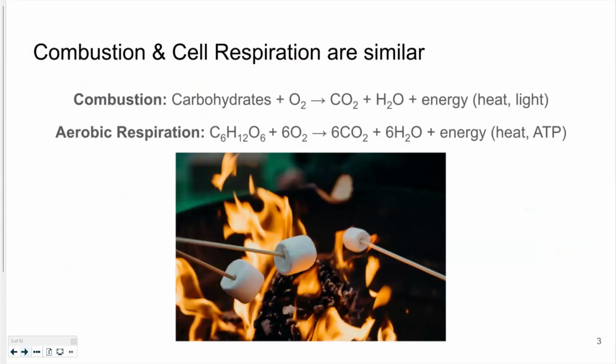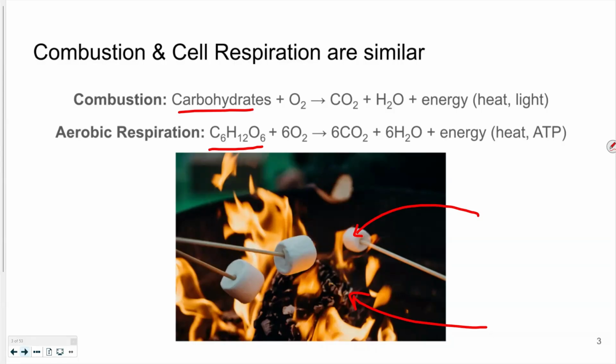The process of combustion, like this fire burning this firewood, and the process of respiration, like what your body would do after you eat this marshmallow, are very similar. Both processes are going to start with carbohydrates, complex carbohydrates of the firewood, simple sugars in the marshmallow.